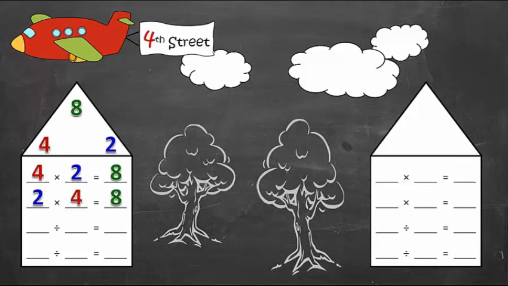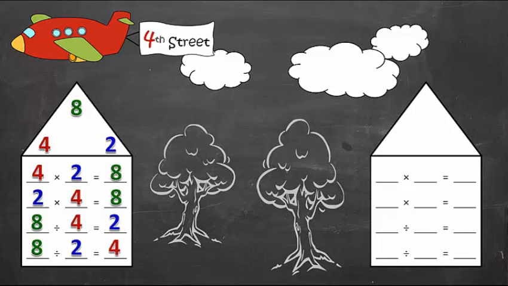Now that we have our multiplication sentences for this family, we are able to use the inverse operation or opposite operation of multiplication. In other words, we can make division sentences using this family of numbers. In division, we always start with our product because it's the largest number in the family. 8 divided by 4 equals 2, and 8 divided by 2 equals 4.